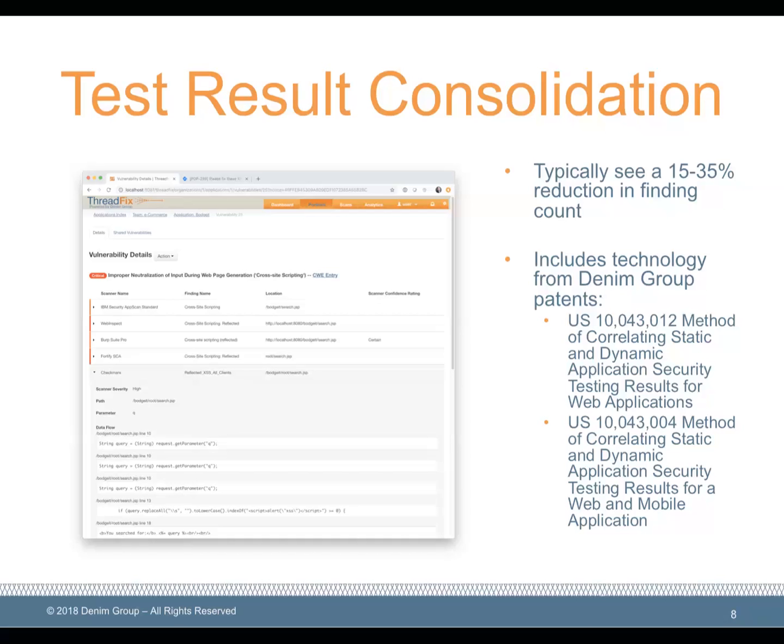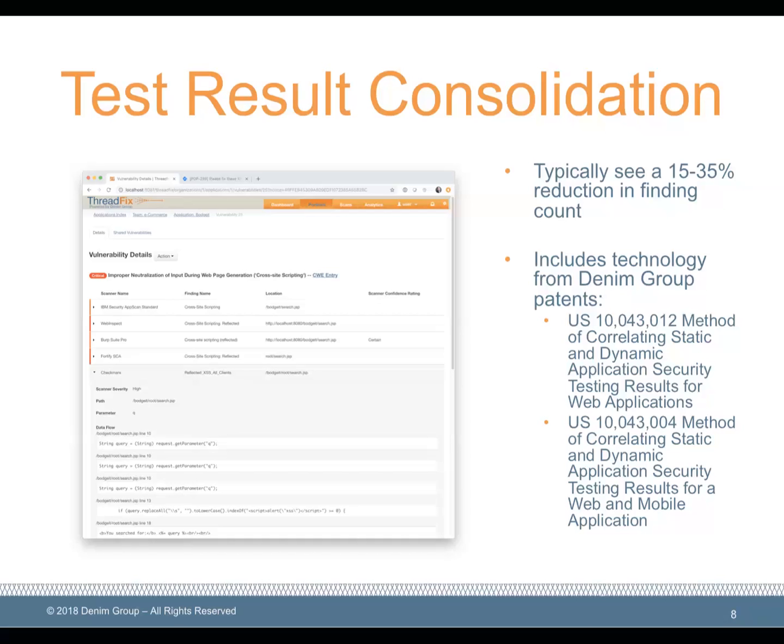As we announced a couple weeks ago, this includes some technology we developed, which we call hybrid analysis mapping, that allows us to correlate between static application security testing and dynamic application security testing. We can do that without having to run an actual agent. We're really excited. This was based on work funded by the U.S. Department of Homeland Security, Science and Technology Directorate Cybersecurity Division, under their Small Business Innovation Research Program, or SBIR.